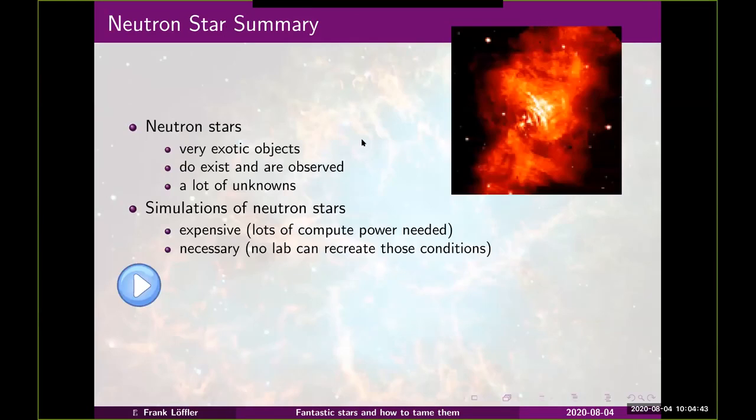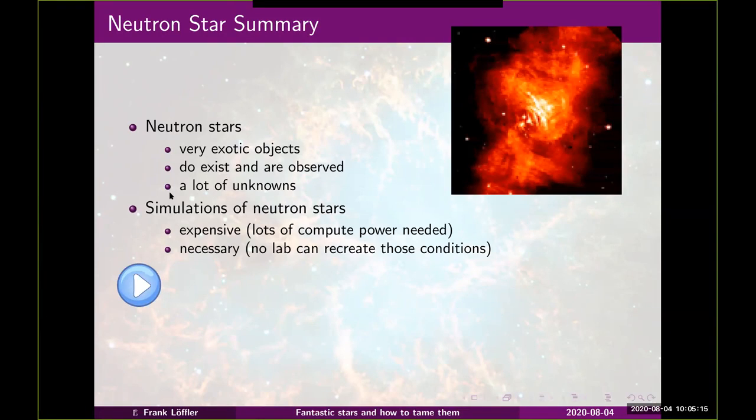Just to summarize neutron stars, that's just the first part of the talk, right? So they are very exotic objects and highly interesting. They do exist. For some time people didn't really believe they exist, but we now know quite certainly that they do exist. They are observed, and we still don't know a lot about them. One interesting fact, for instance, is that I already mentioned we don't really know the radius of a neutron star.